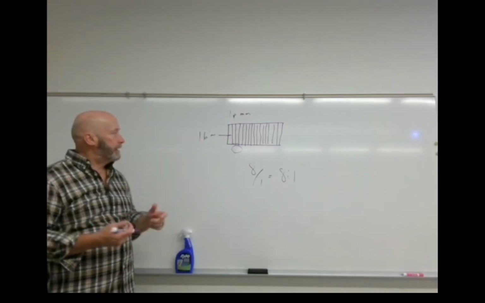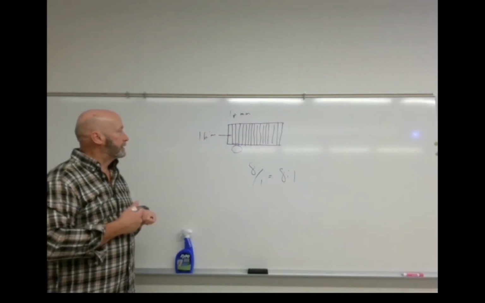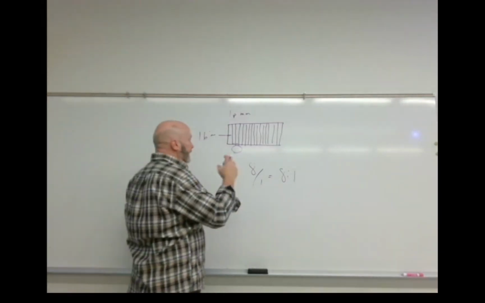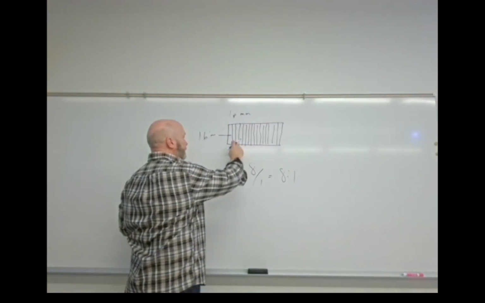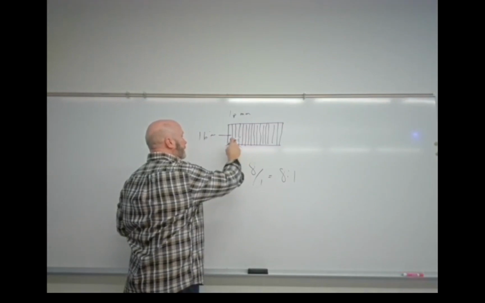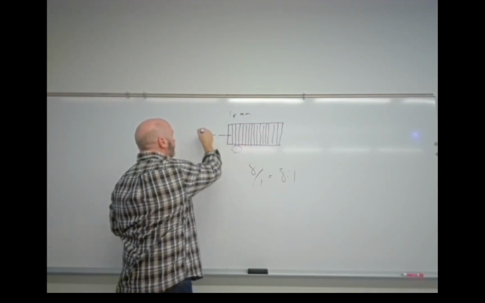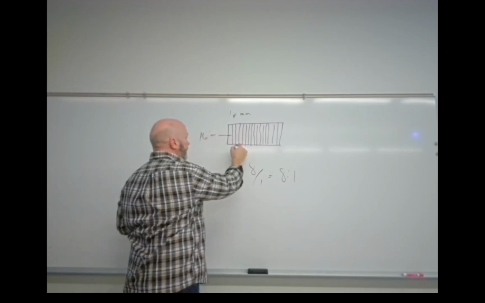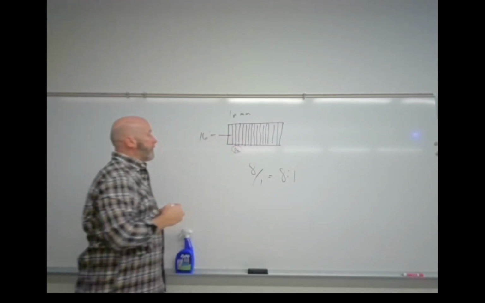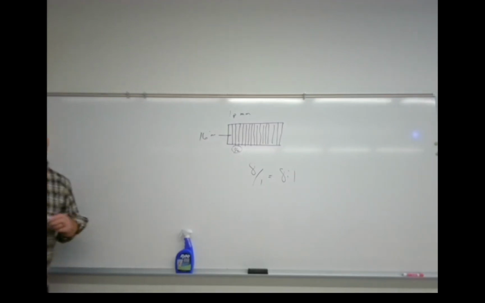So if I maintained, let's say, we got 16, and now we have a half in between. What would that be? I probably should have started off with a smaller number.